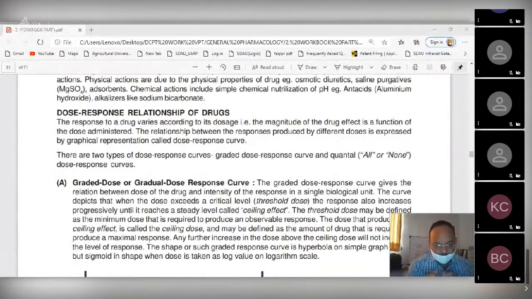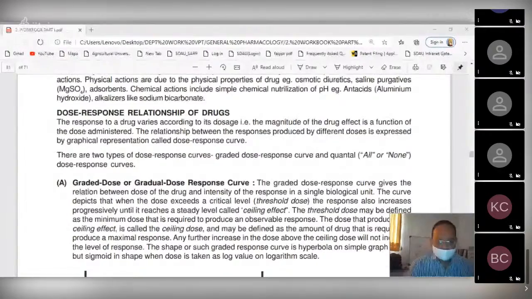The response, or the result, or outcome of the drug varies according to its dosage. That means the magnitude, the quantity or intensity of the drug effect depends on the function of the dose. So there is a direct mathematical relationship between the dose given and the desired therapeutic effect produced.